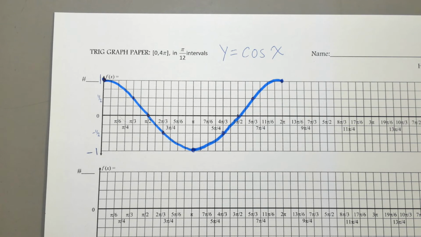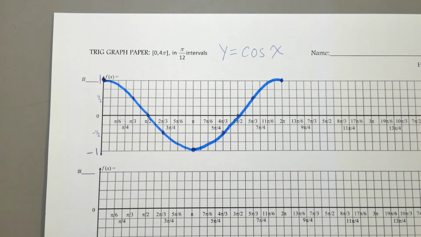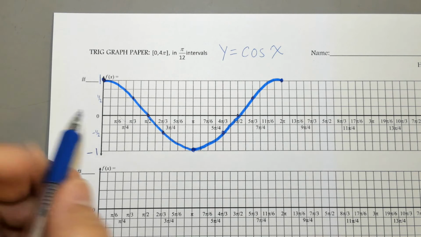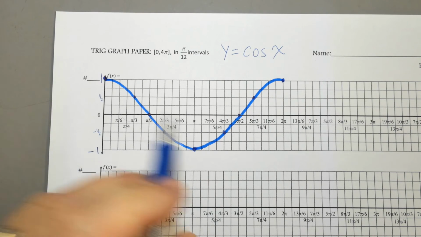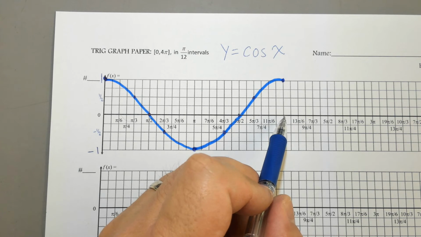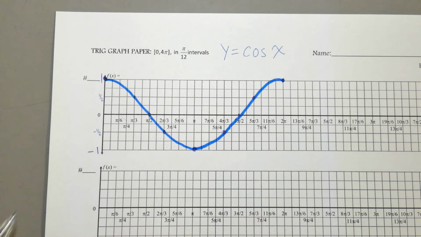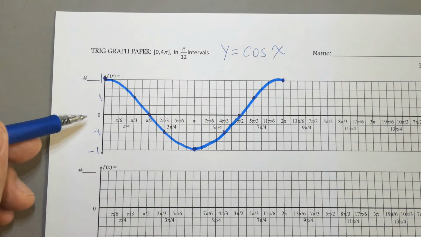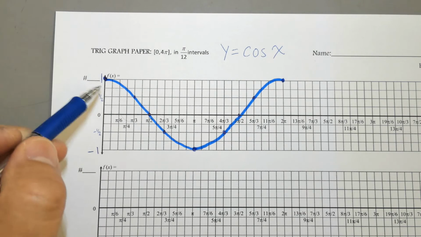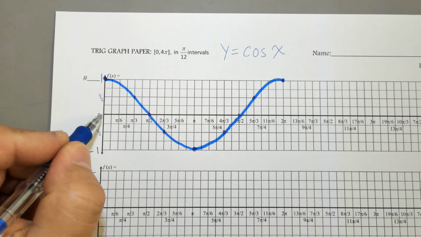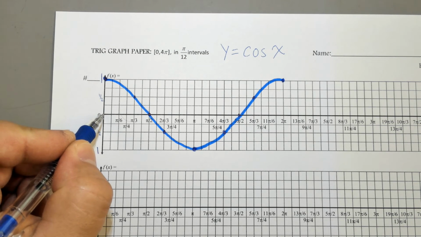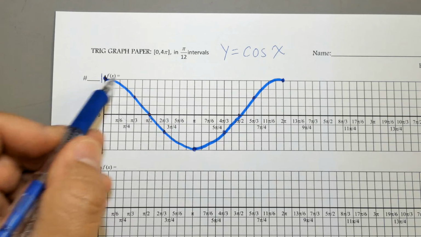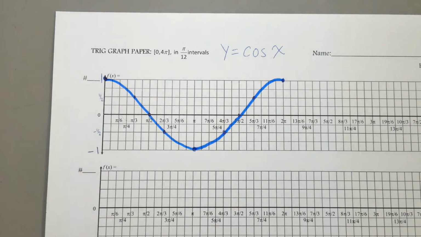Now we've graphed cosine for one period from 0 to 2 pi. Some of you might say this looks very similar to sine, except now we're starting at 1 instead of at 0 for sine. So now this is what cosine looks like.